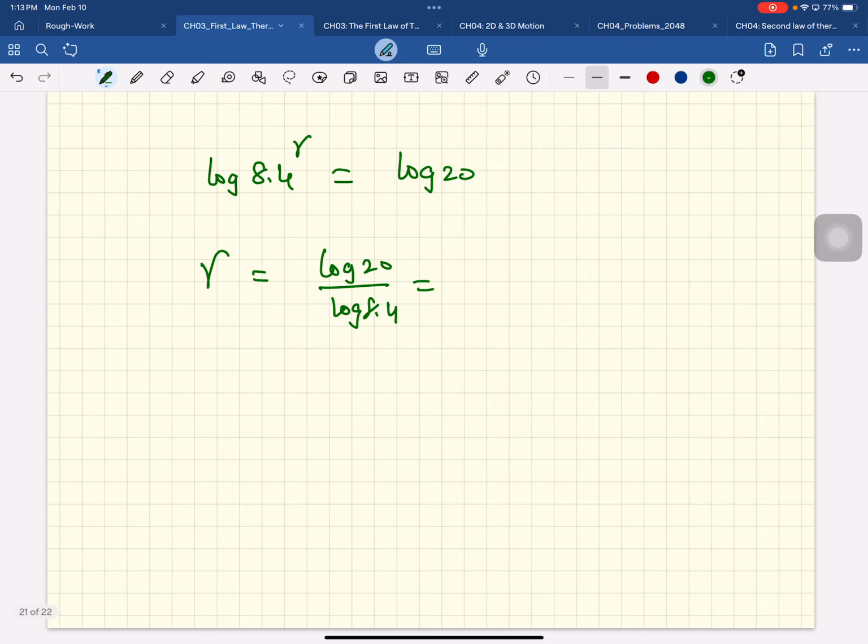So this works out to 1.4. So what does that mean? That should be constant for each point.